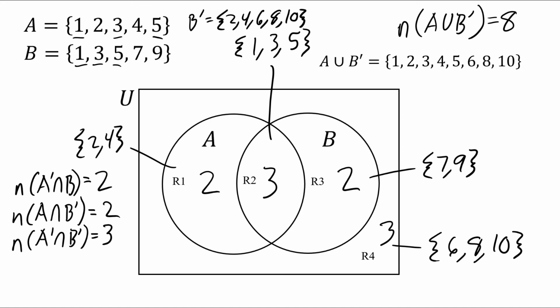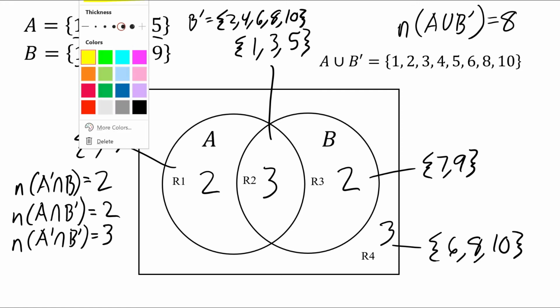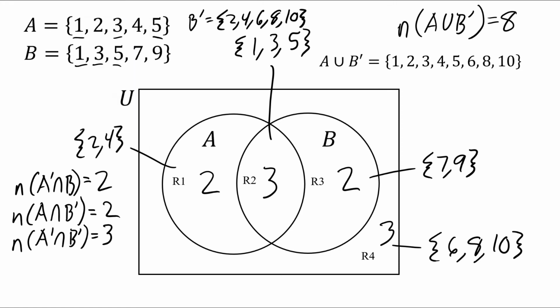So what we get is 1, 2, 3, 4, 5, 6, 8, and 10, 8 elements. So let's look at our Venn diagram to see what these are. All right, so those 8 elements are everything in A together with everything that is not in B.